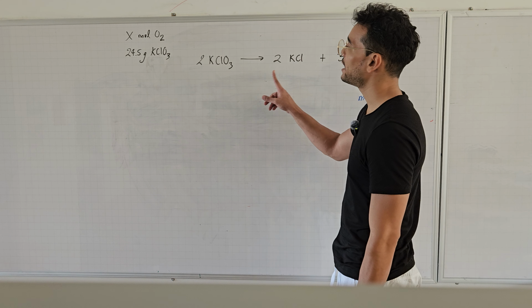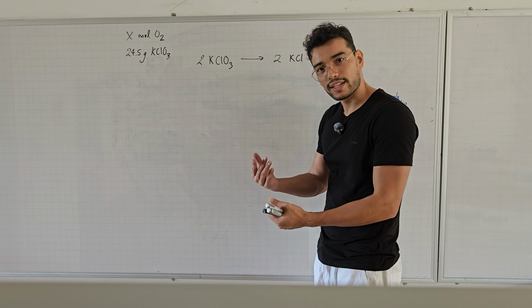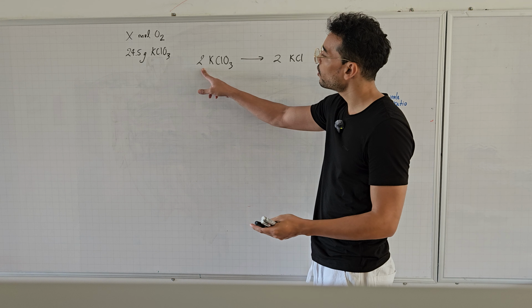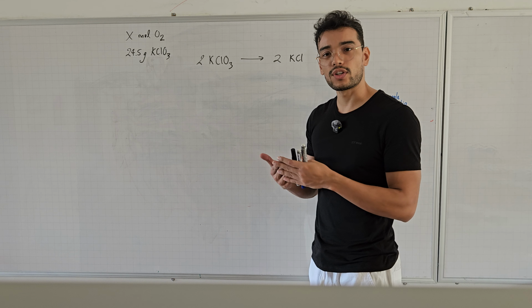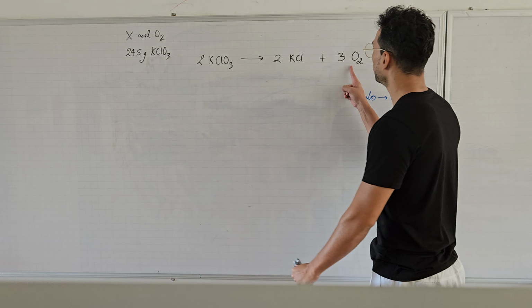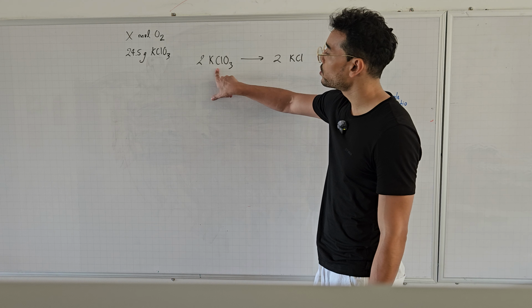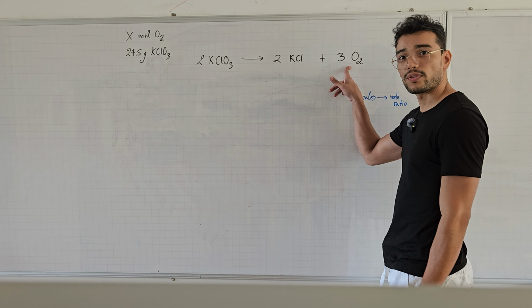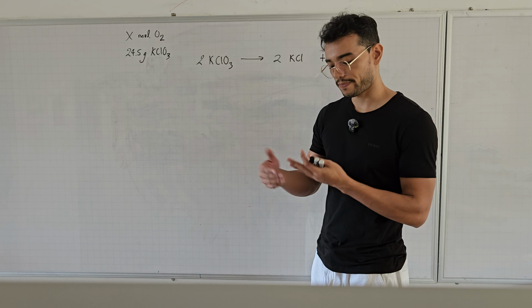So the mole ratio is 2 to 2, or 1 to 1, because every mole of potassium chlorate will form 1 mole of potassium chloride. What happened with oxygen? We have a different mole ratio. Every 2 moles of potassium chlorate will produce 3 moles of oxygen. So we have a ratio of 2 to 3.